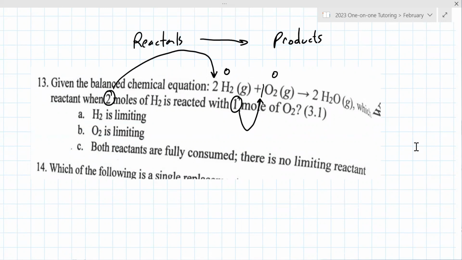So 1 and 2. It just balances out. So we're talking about different things: there's the balanced equation, which is great, but to determine what's limiting, if they give you the same number of moles of each, then it's fully consumed.